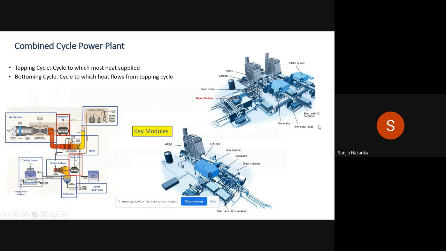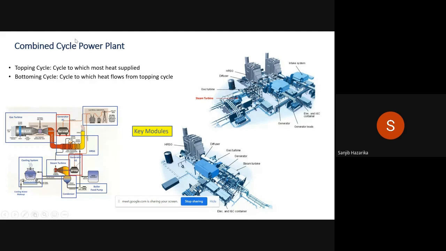So the next phase is about the combined cycle power plant. When we talk about gas turbines, it has to be a combined cycle power plant, or there are gas turbines that run in simple cycle as well, where water is not very available. But it's almost like a gas turbine linked with a steam turbine, and both together produce electricity in a combined cycle power plant.